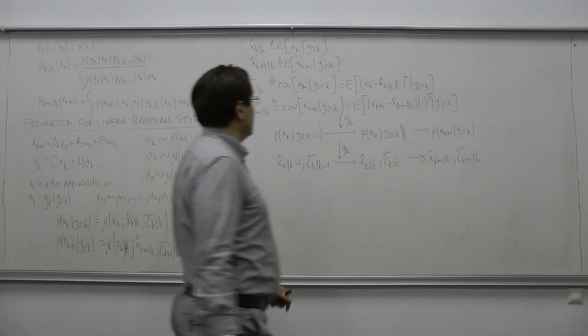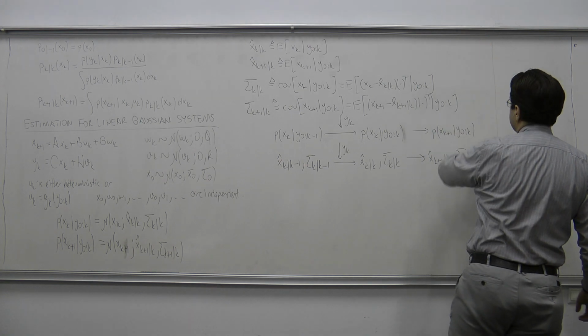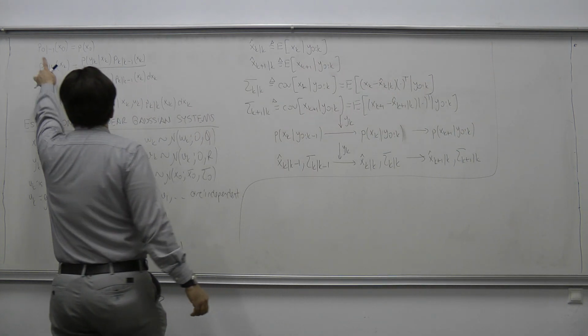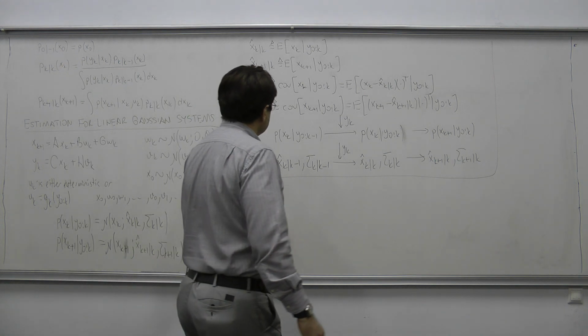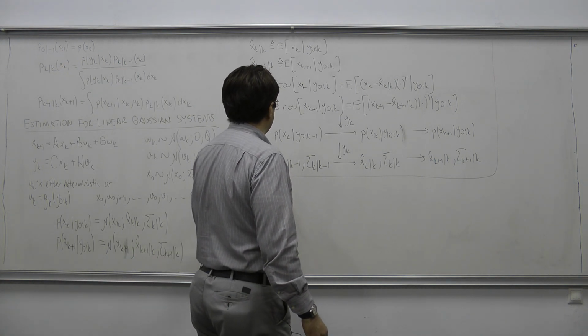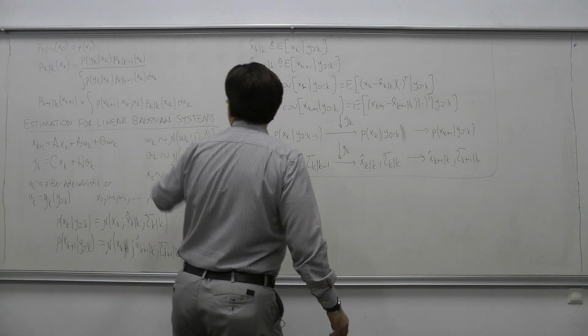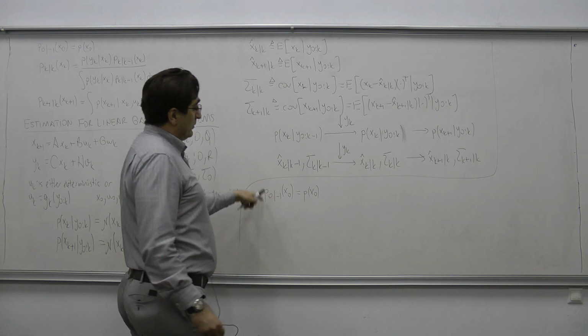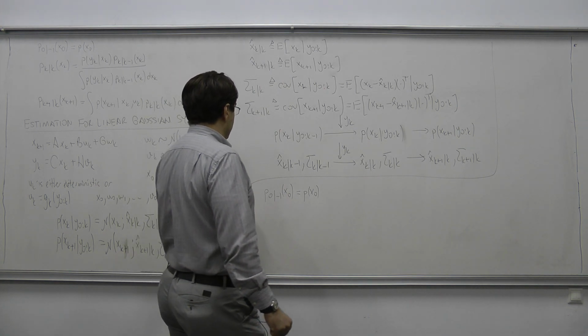Let us start with the initialization step of our Bayesian recursion. So we know that here P0 given -1 of x0 is going to be P of x0. Okay? I know that this is a Gaussian distribution now.